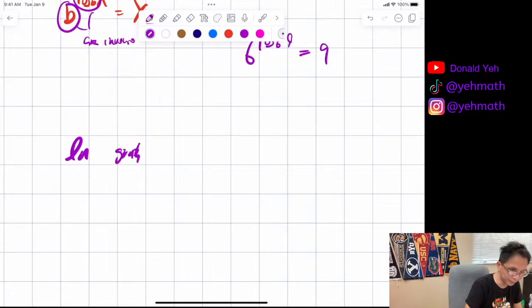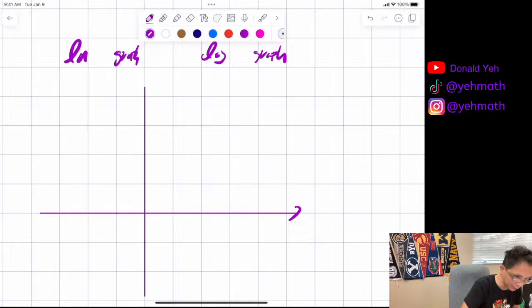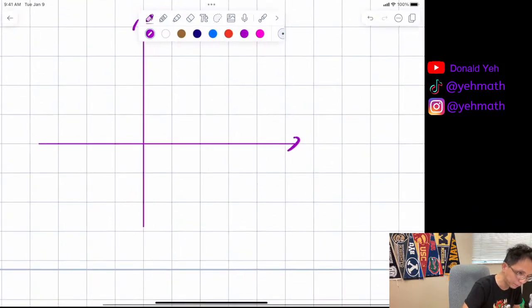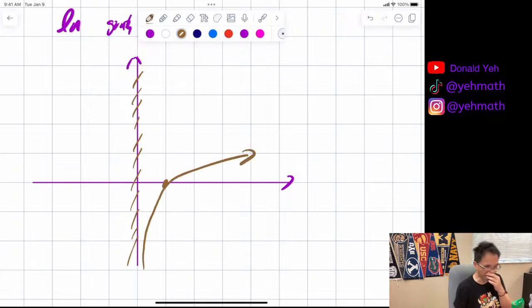The graph is always like this. Now, instead of the e graph that you graphed the other day, the natural log has an asymptote here and an anchor point here, and it's going to be like this. Just those two things you have to know.